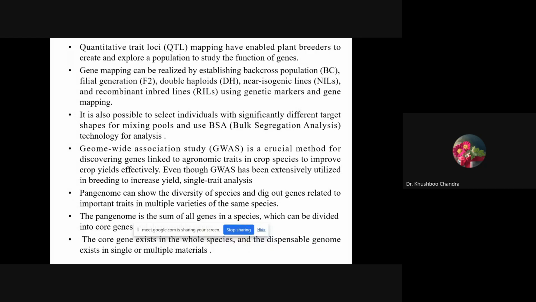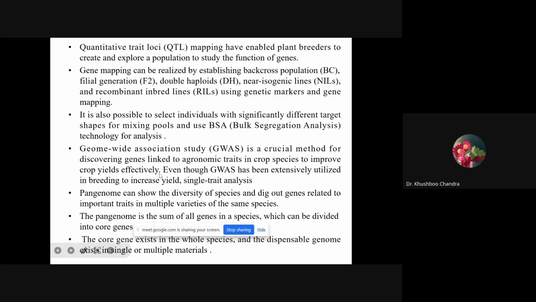It also gives us the opportunity to target different mixed pools or bulk segregant analysis. And GWAS, the genome wide association study, is also one of the crucial methods for discovering genes linked with agronomic traits to improve crop yield efficiently.